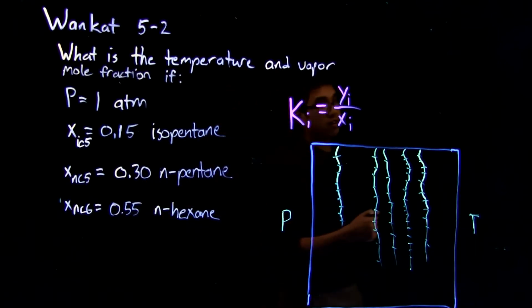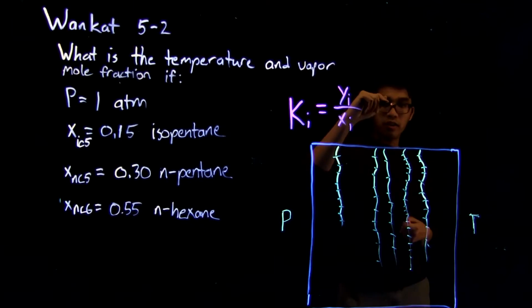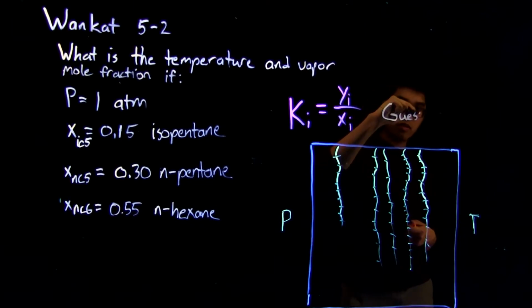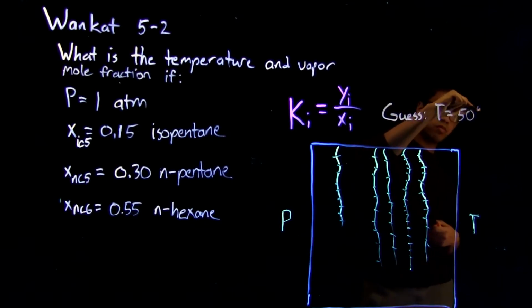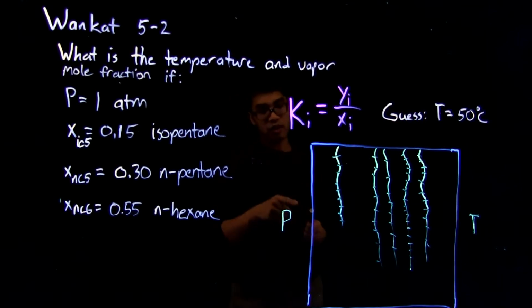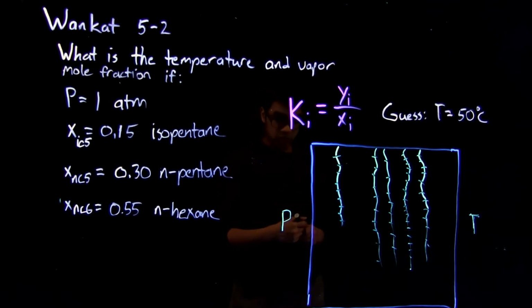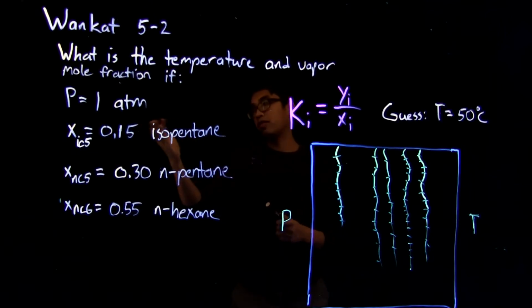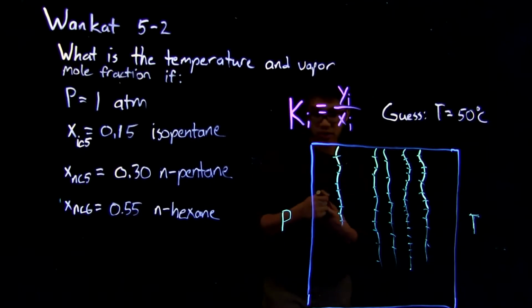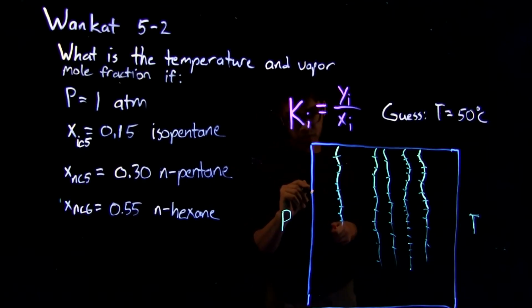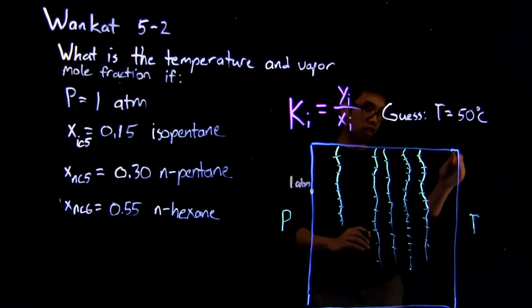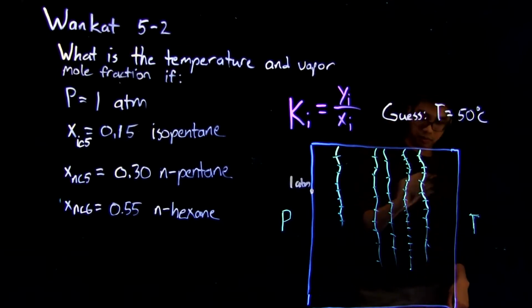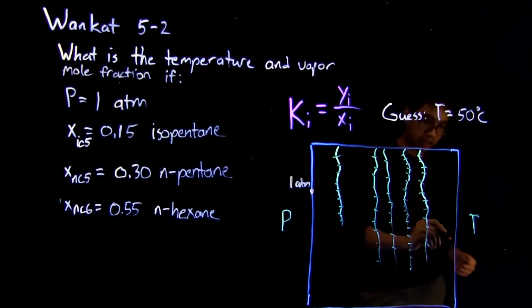We'll start with a guess of 50 degrees Celsius. You first find where 1 atmosphere, since that's our specified pressure, is on this graph. Let's just say it's here. You then find where 50 degrees Celsius is on the T-axis. Let's hypothetically say that it's here.